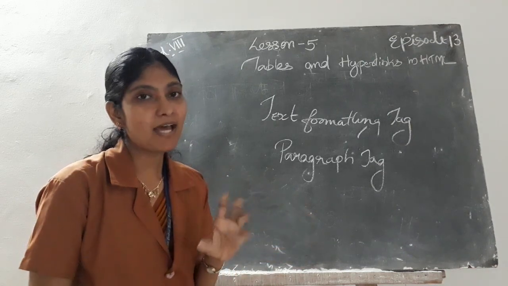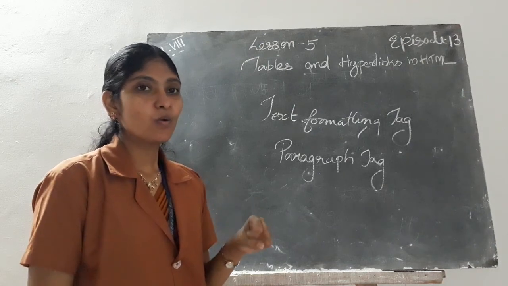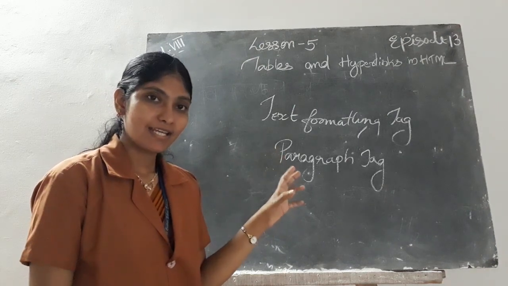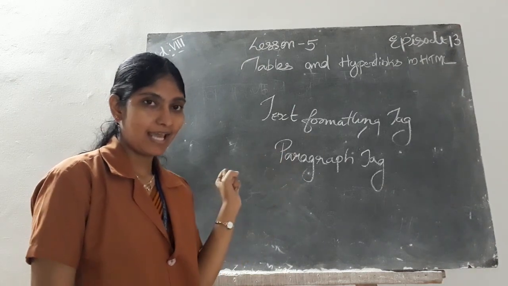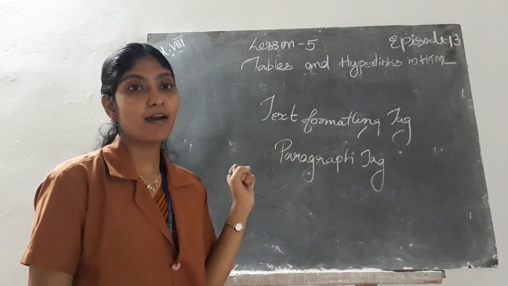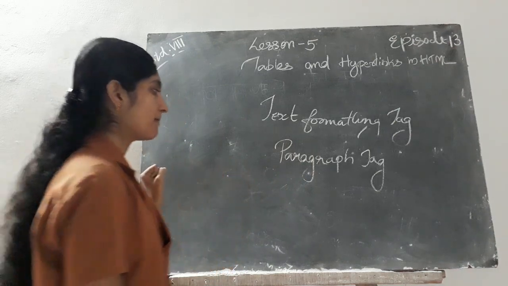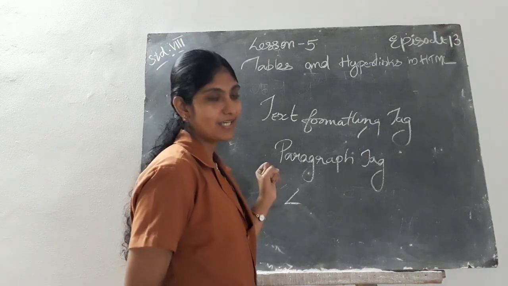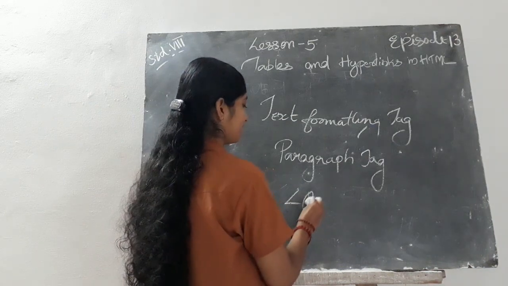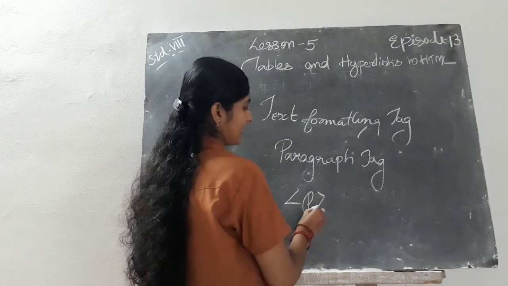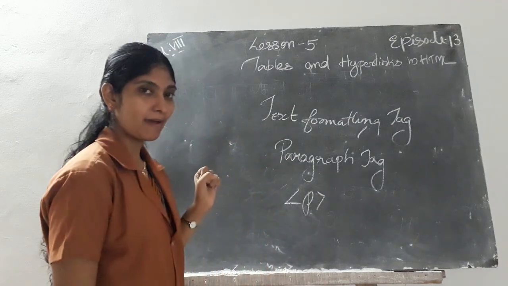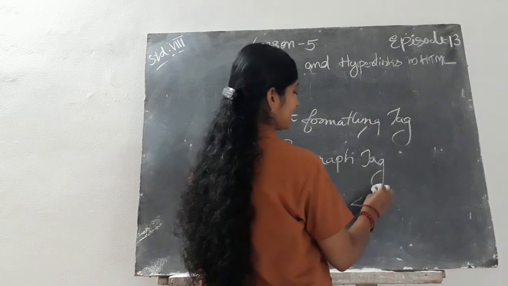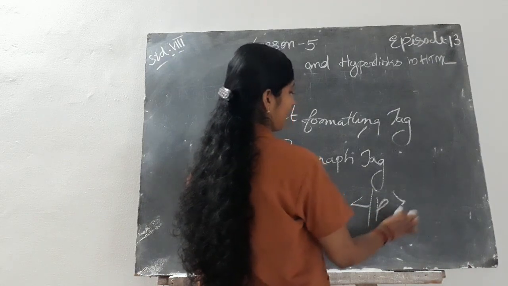That makes a paragraph, right? So we can make a paragraph using a tag, that is paragraph tag. The syntax of paragraph tag is P. This is the opening or beginning of the paragraph tag, and this is the ending of paragraph tag.